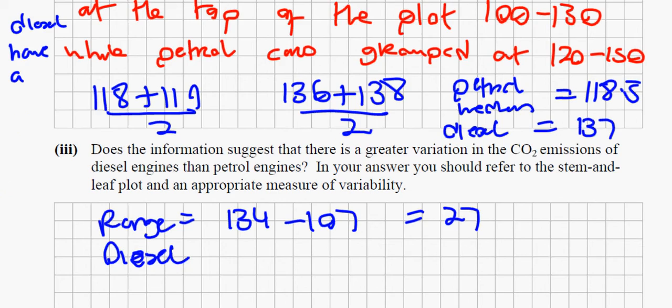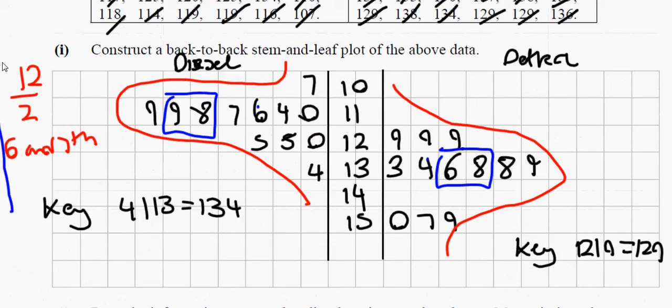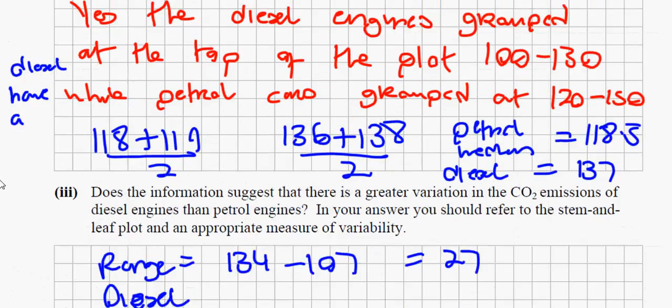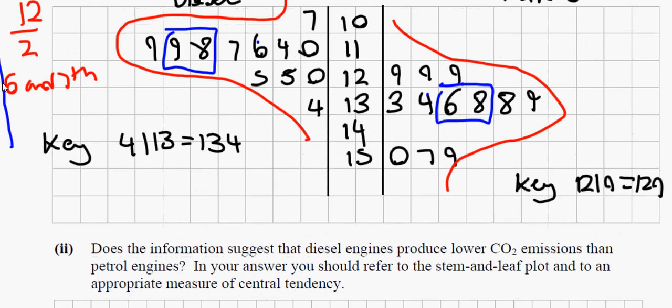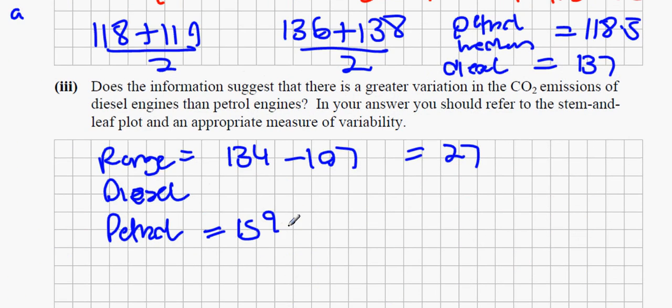And the petrol is going to be 129 to 159. Petrol is 159 minus 129, which is going to be 30.